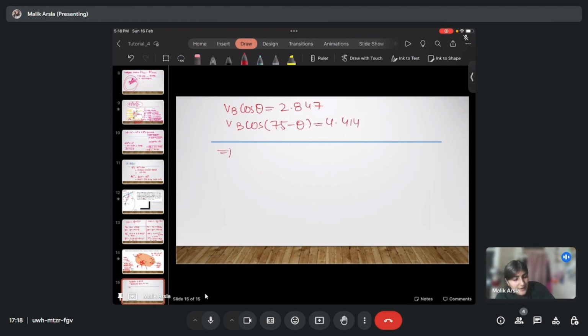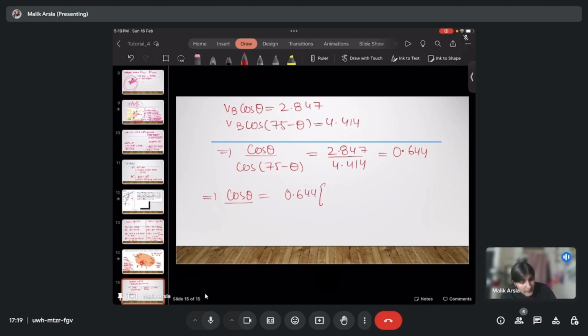Now we can divide them, and it will be cos theta upon cos of 75 minus theta is equal to 2.847 upon 4.414, which is equal to 0.644. Or maybe let's keep it there.